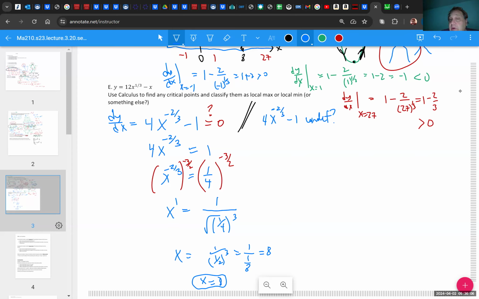All right, and then we need, when this is undefined, undefined is division by 0, square roots of negative numbers, those sorts of things. With a negative exponent, we do have a possibility of division by 0. If I write this without a negative exponent, it may be easier to see, perhaps.